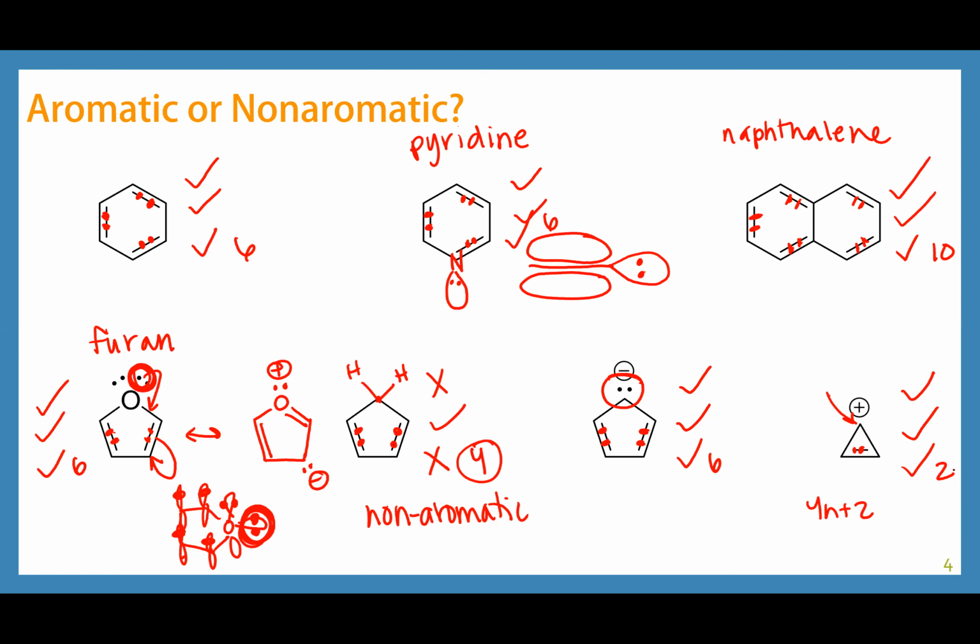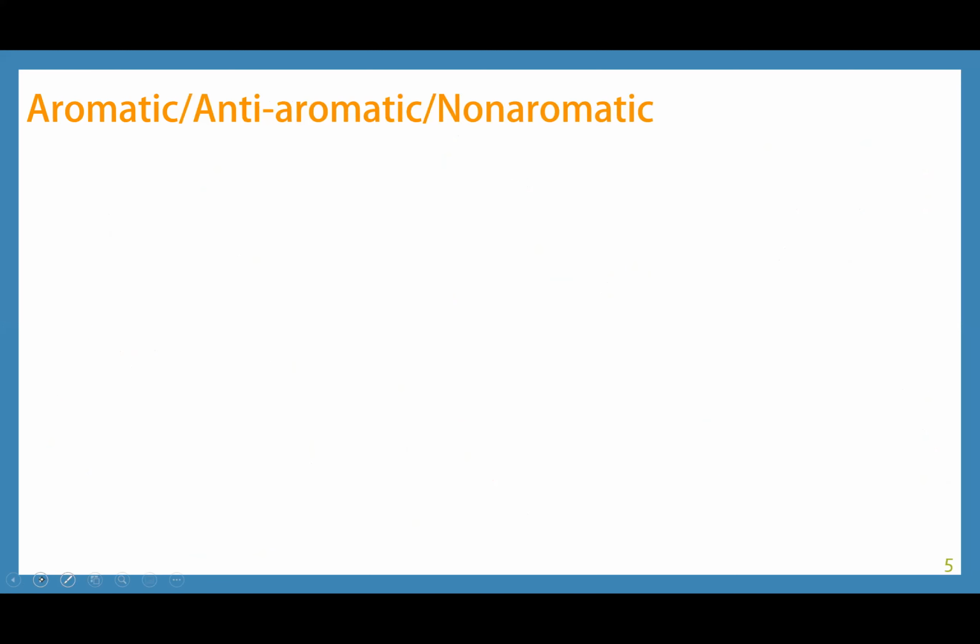Okay, does that help with aromaticity a little bit, being able to go through these again? Or were we good on it already and I wasted time? No, it clarified the difference between non-aromatic and anti-aromatic for me.